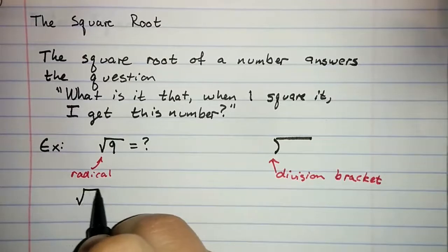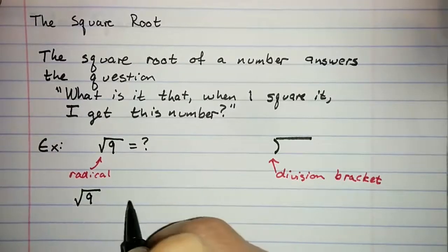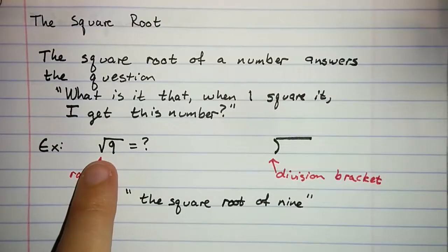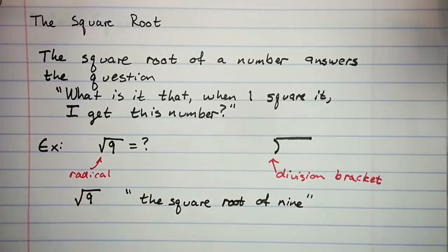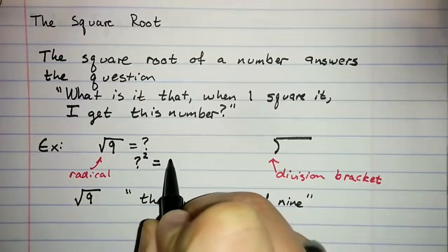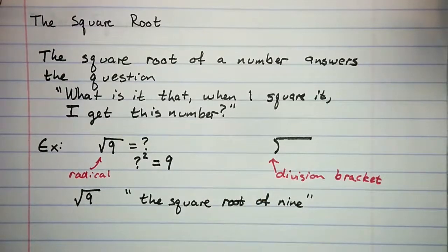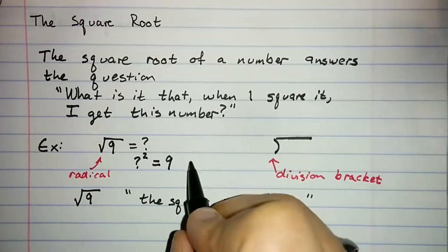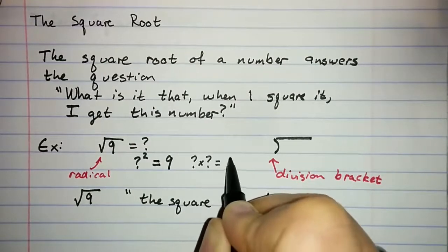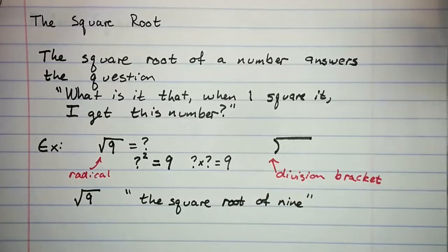We read this as the square root of 9. What question is this asking? When I say the square root of 9 is what, I mean, what is it that when I square it, I get 9? That is, what number times itself gives me 9?